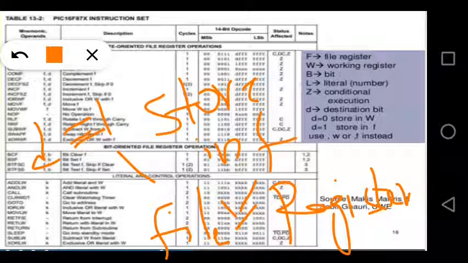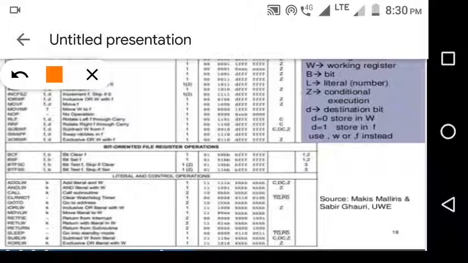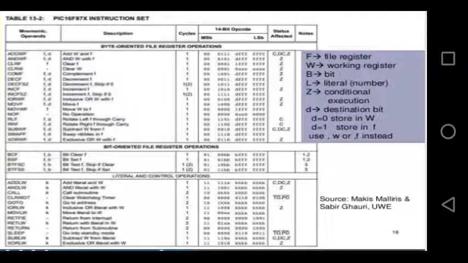W stands for working register. So d is a destination bit. If it is set to 0, the result is stored in W, working register. If d is set to 1, the result is stored in file register. Next, we use WRF instead.